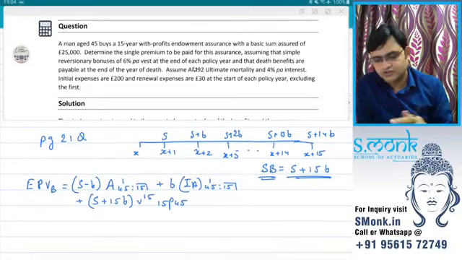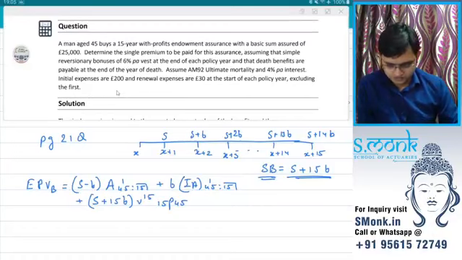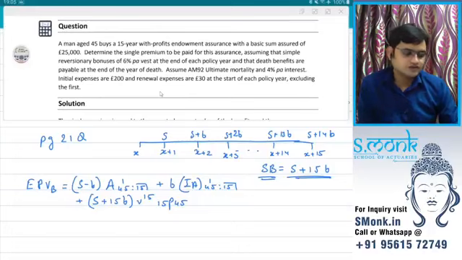Let's make the equations for some expenses as well. You can see this is our benefit. They are saying assume AM92 ultimate mortality, 4%. Initial expense are 200 and renewal expense are 30 at the start of each policy year, excluding the first. Now, because our policy is only going for 15 years, the renewal expense will also go for 15 years only.